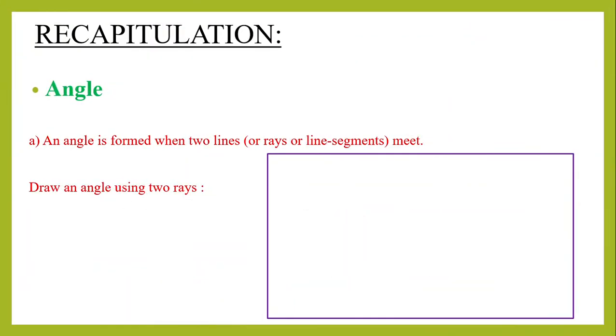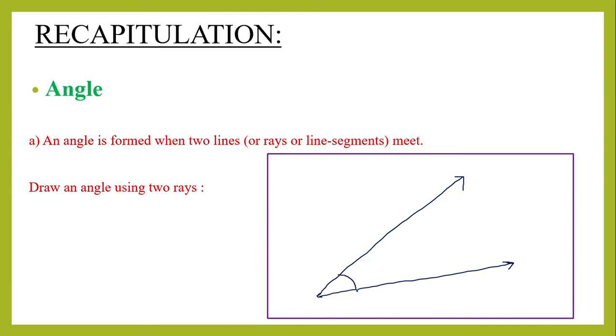Now let's recapitulate what we have learned today. An angle is formed when two lines, rays or line segments meet at a point. Let's draw an angle using two rays. I will make ray 1 and ray 2, and they are joined at one point.